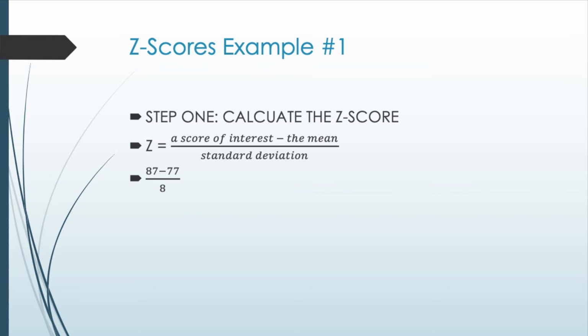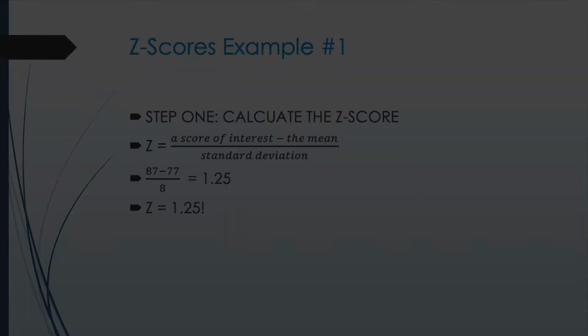We are going to subtract the mean from that score of interest, which is 77, and then we're going to divide by the standard deviation, which is 8. So 87 minus 77 equals 10. 10 divided by 8 equals 1.25. So this is our z-score, 1.25.